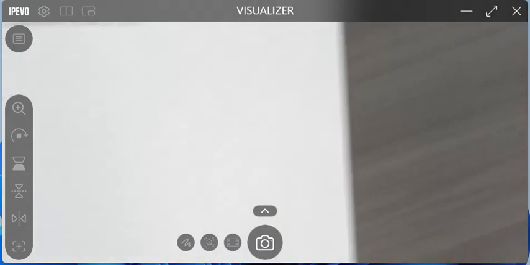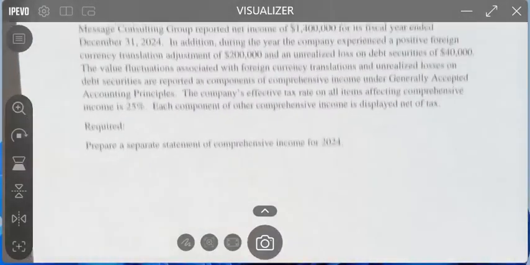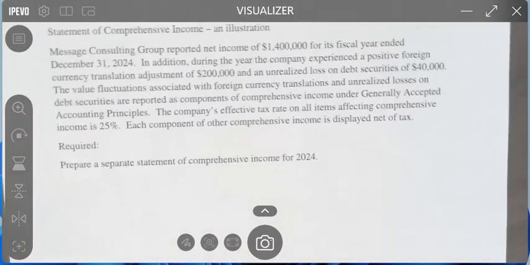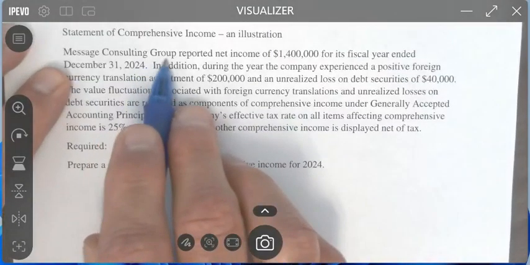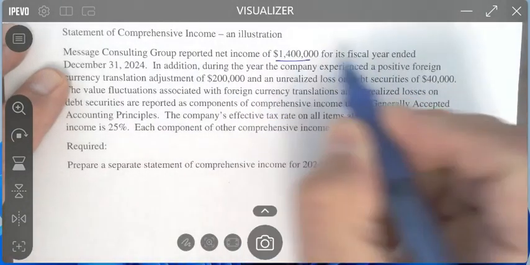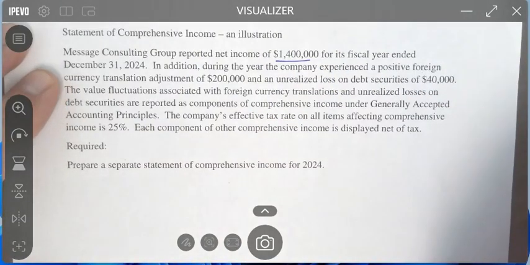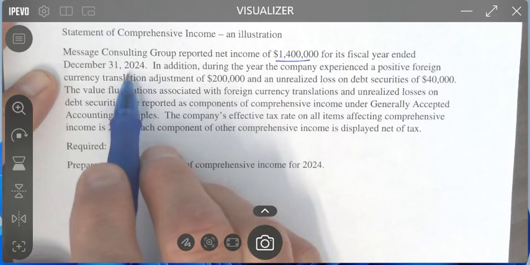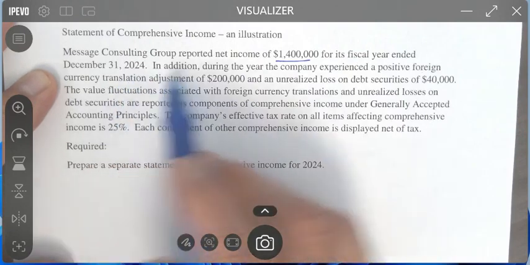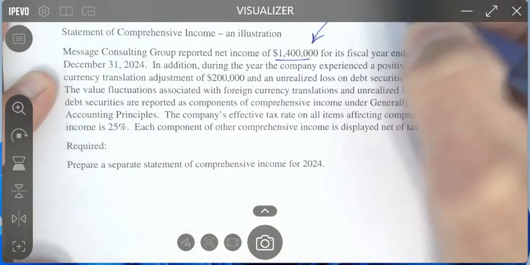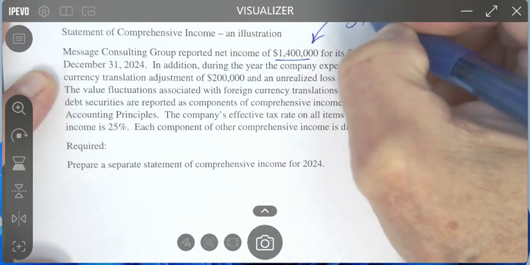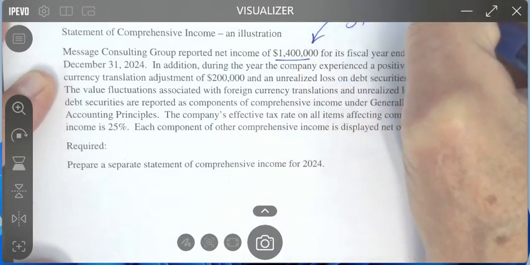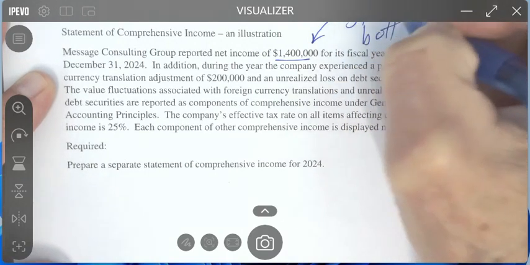And we'll do so together with a case. Message Consulting Group reported net income of $1.4 million for its fiscal year ended December 31, 2024. Okay, that's the income statement net income. Let's call it the income statement bottom line.